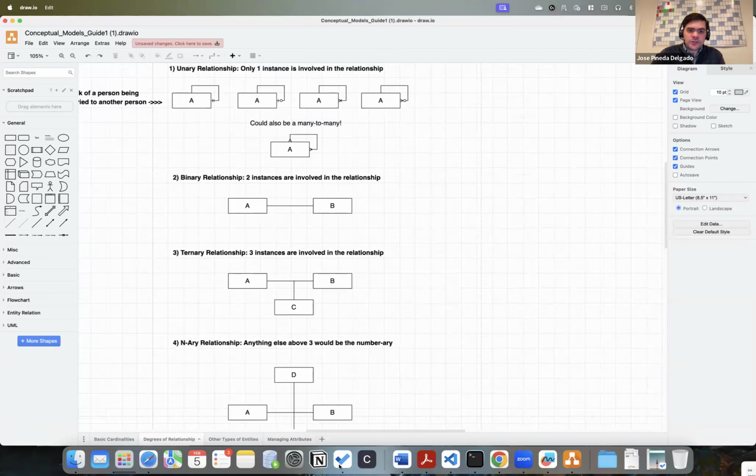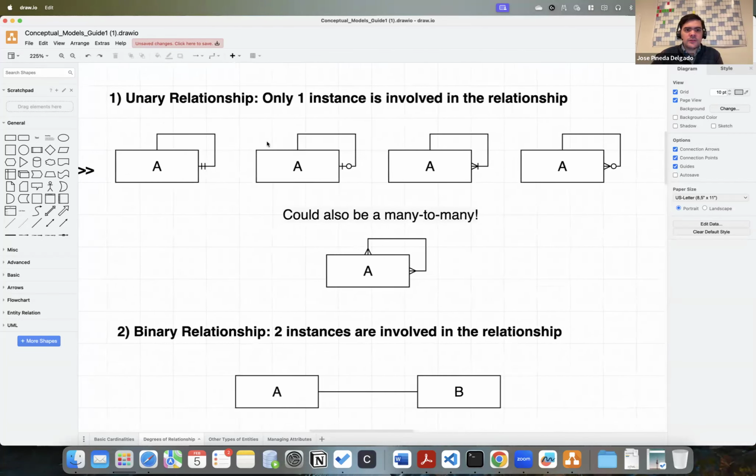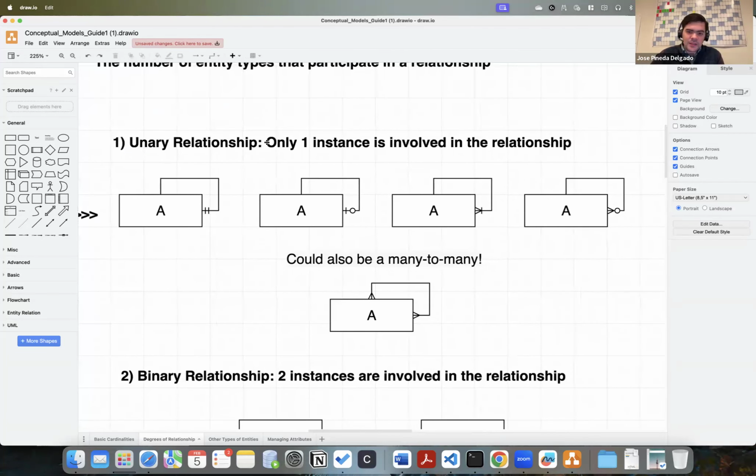The one that I want to pay attention to, because it leads to more confusion sometimes, is the unary. That is, instances in one entity relate to other instances in the same entity. So that's going to be very useful if you want to explore how 2 different individuals or products or any other 2 instances of one entity are related to each other.